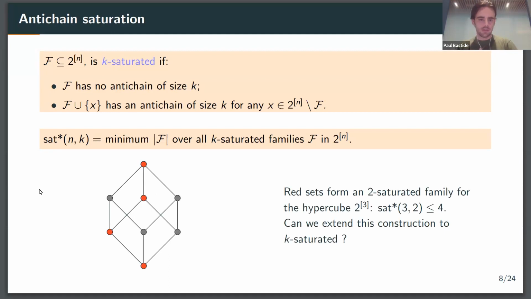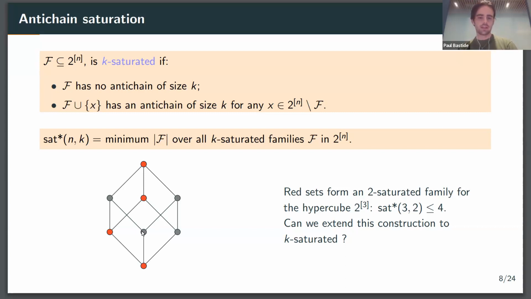Okay, so maybe just a small example. If your hypercube is the hypercube of dimension 3, Boolean lattice of dimension 3, then you can see that this red family here is 2-saturated in the sense that it doesn't contain any antichain of size 2.